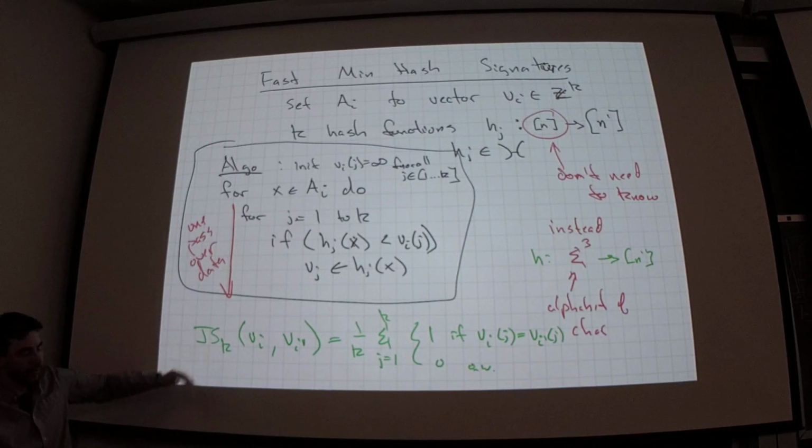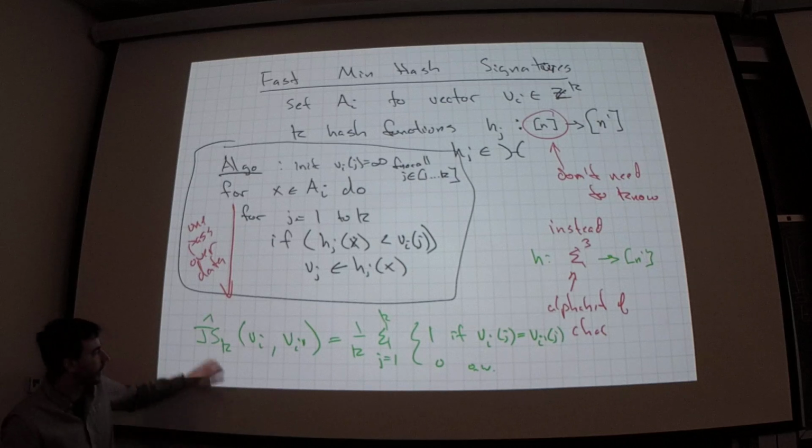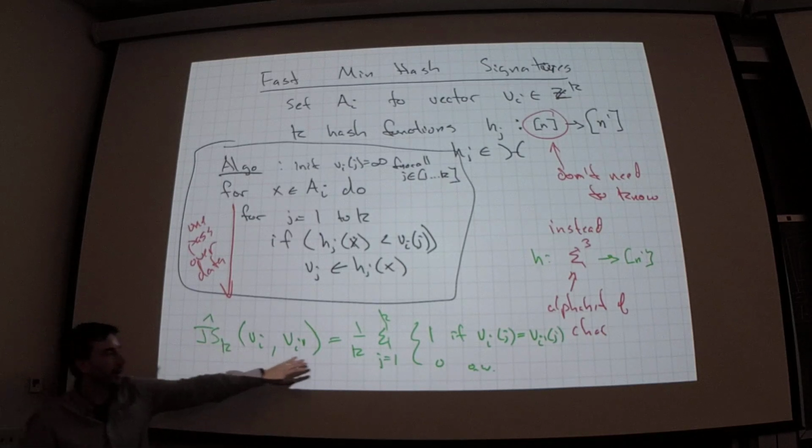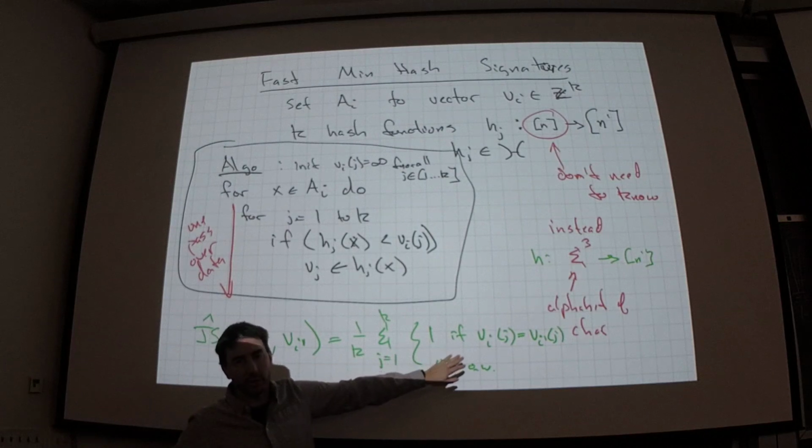So that's how you get your Jaccard approximation, by averaging these 1 bits.